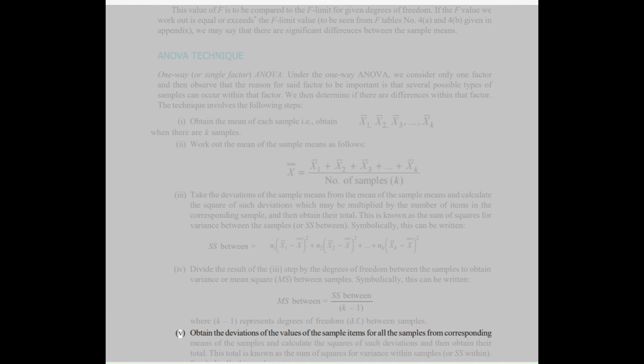We obtain the deviations of values of sample items for all the samples from corresponding means of the samples and calculate the squares of such deviations and then obtain their total. This total is known as the sum of squares for variance within samples, or SS within.